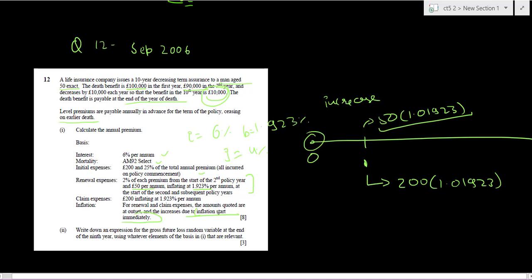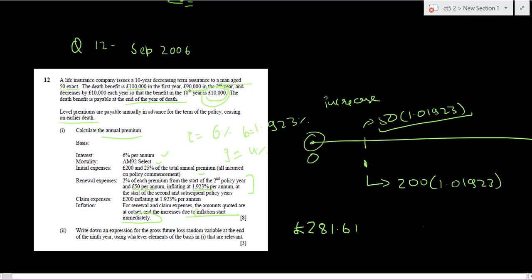All right, so they're asking us to calculate the amount of annual premium, which we won't be doing here. You can calculate the premium for yourself. I'll just write the final answer for you. So your annual premium should come out to be 281.61 pounds. Please verify it.